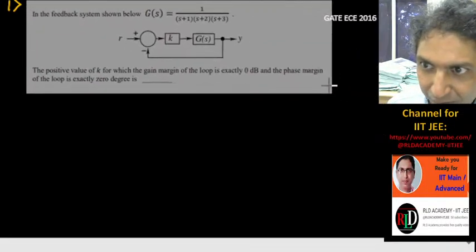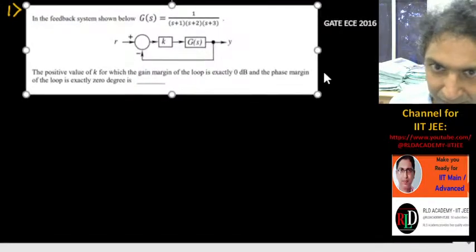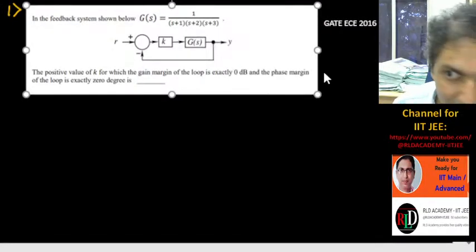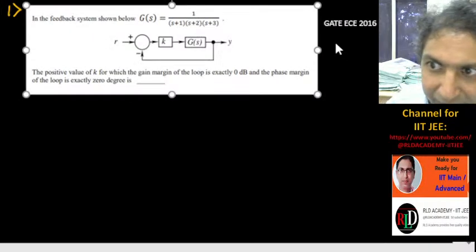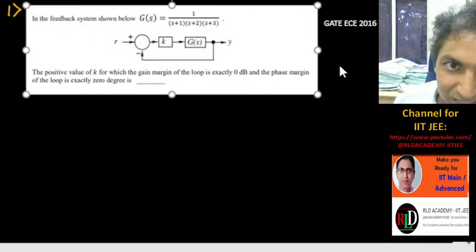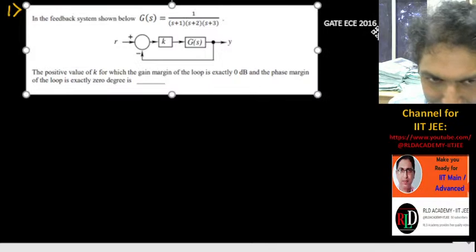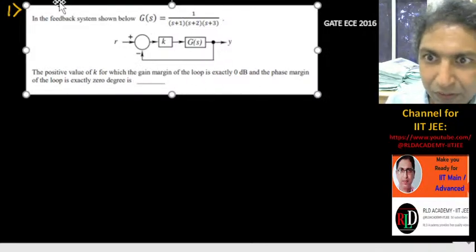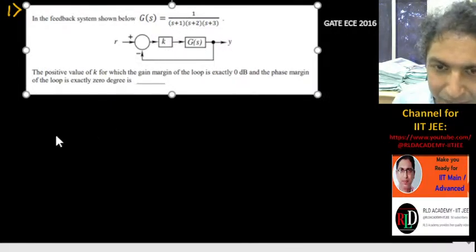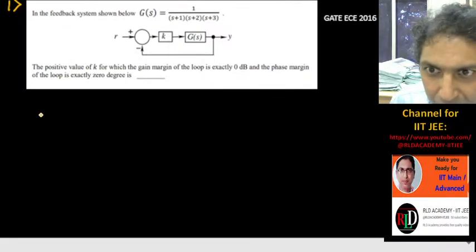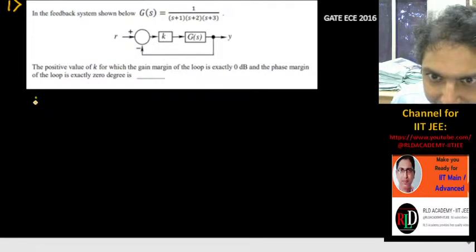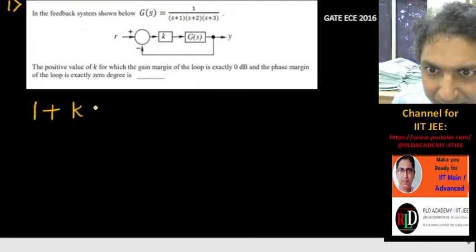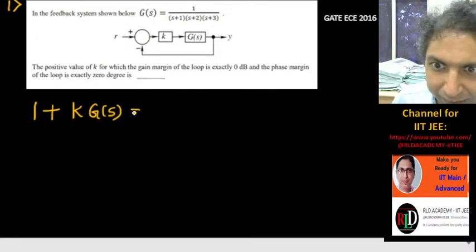Okay, so how to find it? This problem appeared in the GATE ECE 2016 paper. Now how to solve it? Let me consider this one. We have the characteristic equation like this: 1 plus K times G(S), there is no H(S), H(S) is 1, so I can put it equal to 0.